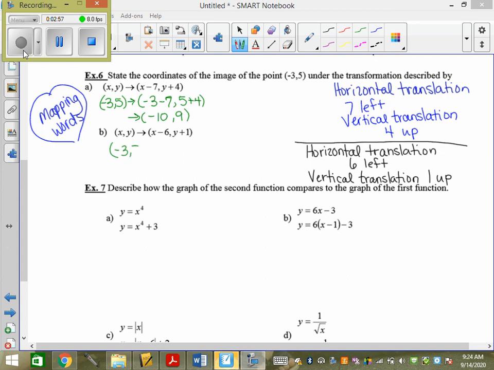So we do -3, 5, arrow. Remember, we need that original point, arrow, new point, right? That's how we show mapping, if they ask us mapping. So -9 and 6.